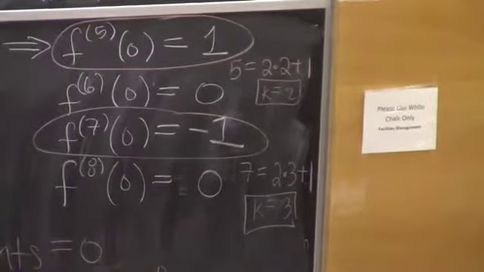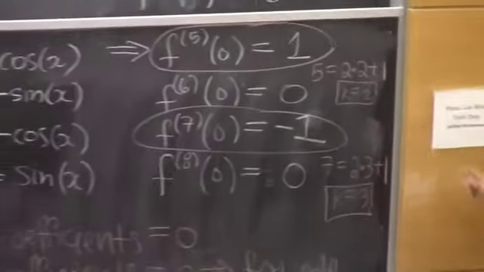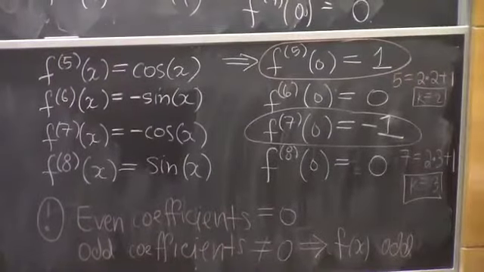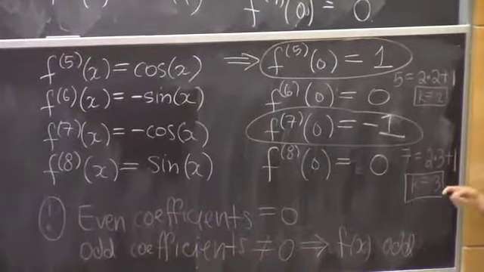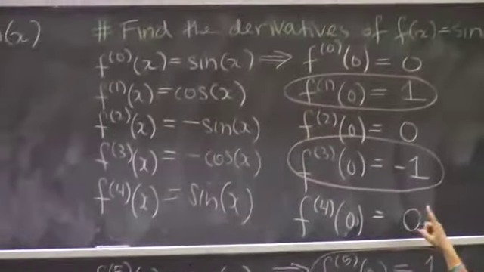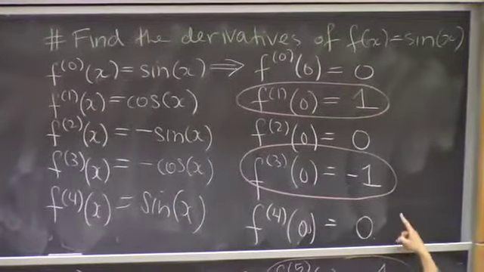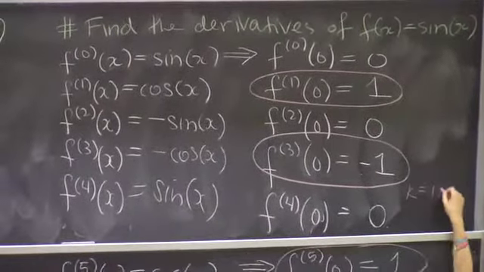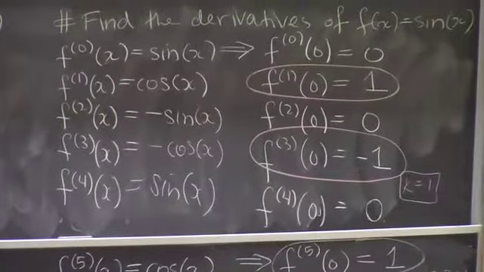Okay, and we see that when k is even, we output 1, and when k is odd, we output -1. Okay, up here we've got, for f of 1, k is 0, and here we've got k is 1. Okay, are there questions there? Any thoughts there?